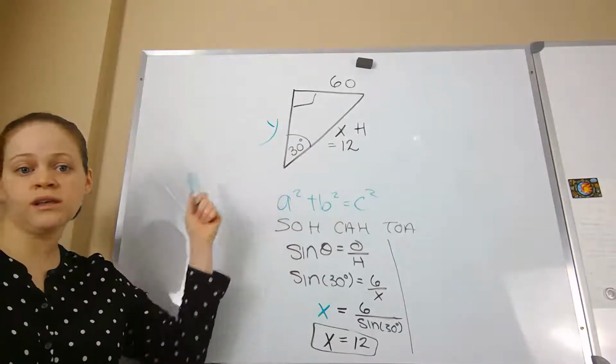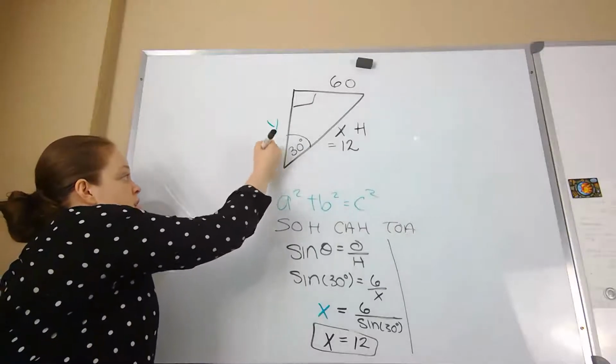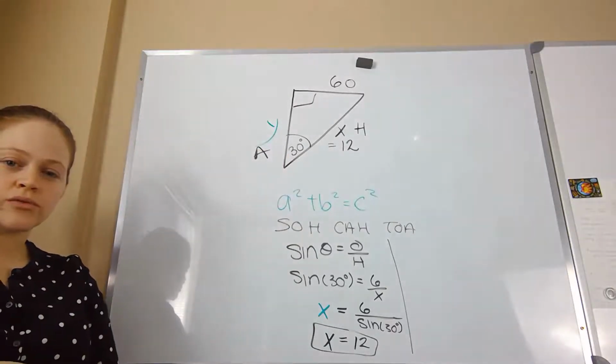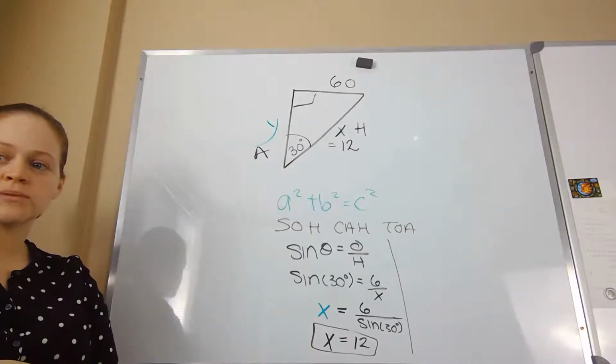So I'm not going to use Pythagorean theorem. I'm going to use trig, and knowing that this is my adjacent, what do you think I could use to solve for y? What trig function?